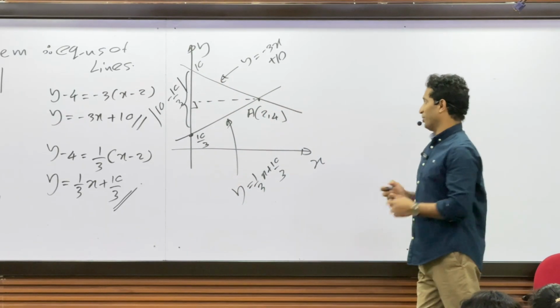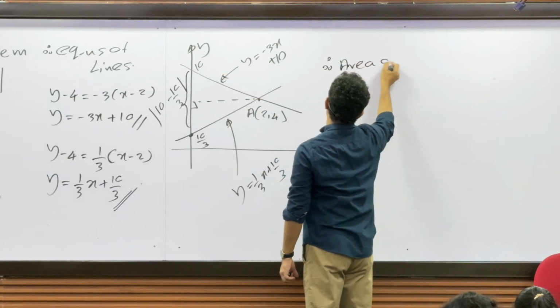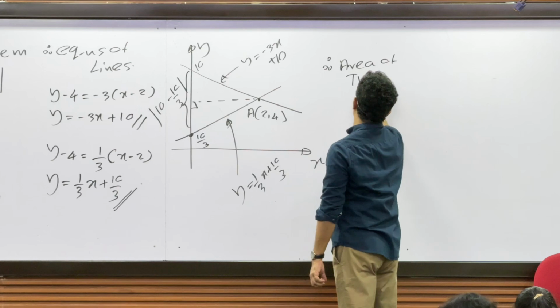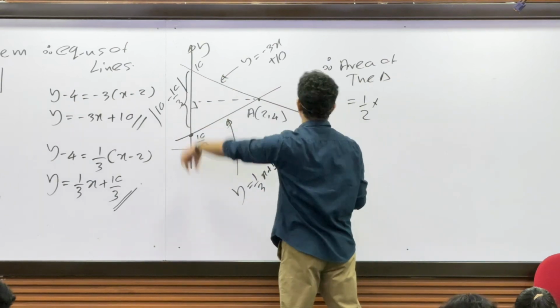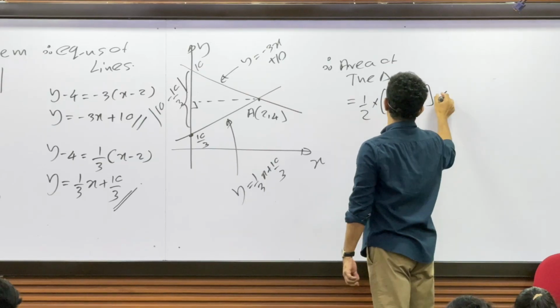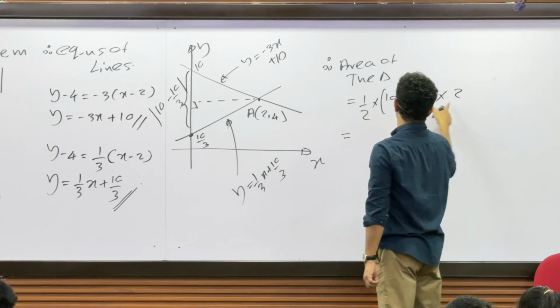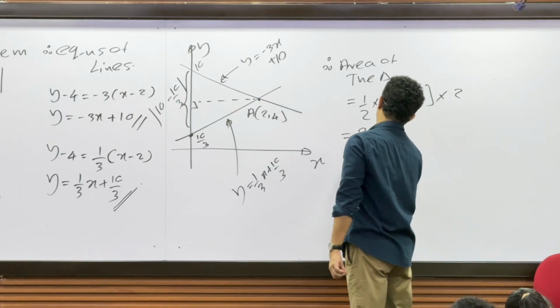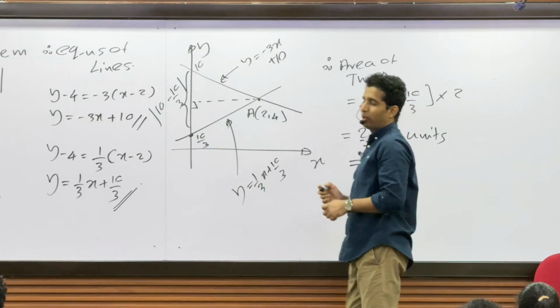Now therefore, the area of the triangle is half into the base 10 minus 10 over 3, times the height 2. The 2s cancel, and the area is 20 over 3 square units. This is how you can get it.